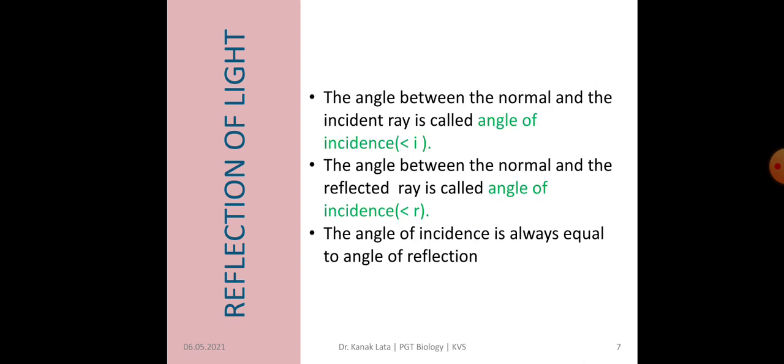The angle between the normal and the incident ray is called the angle of incidence, and it is represented by angle I. And the angle between the normal and the reflected ray is called the angle of reflection, which is represented by angle R. The angle of incidence is always equal to the angle of reflection for a regular, even surface.